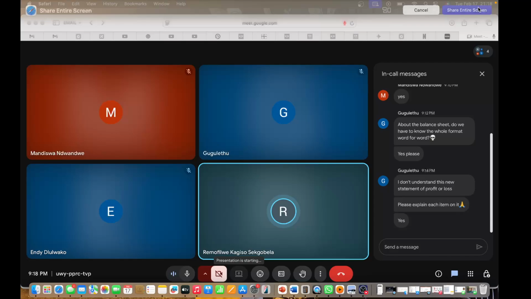Oh, okay. First, when we were introduced to this module, we were told about the transactions and events. So I kind of get lost when we talk about transactions, events, assets.